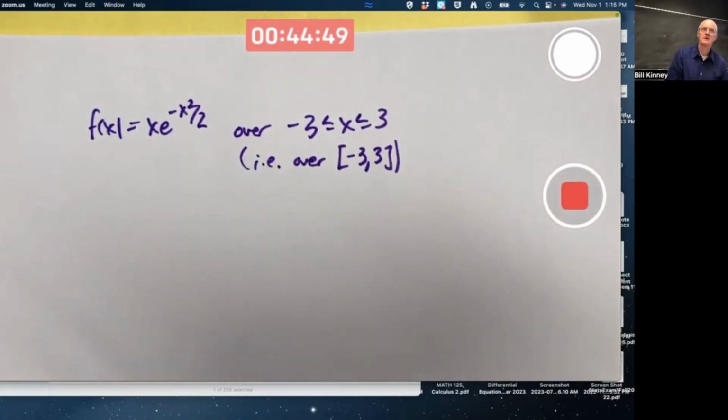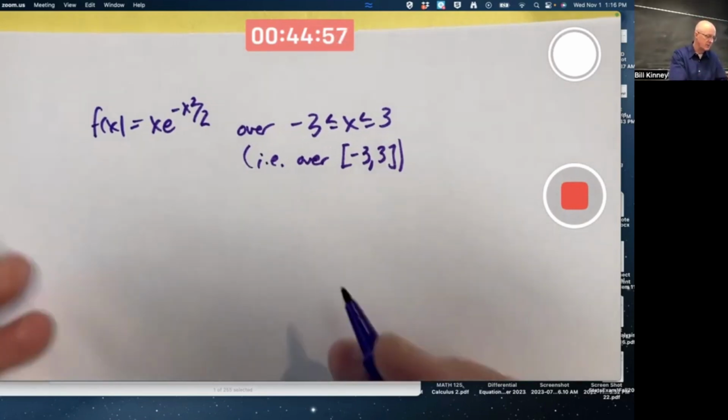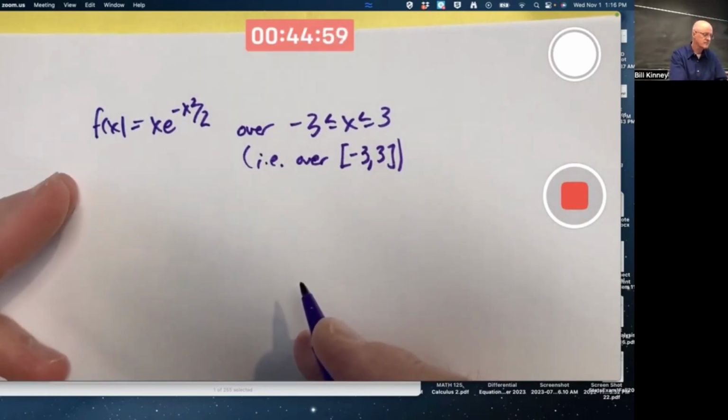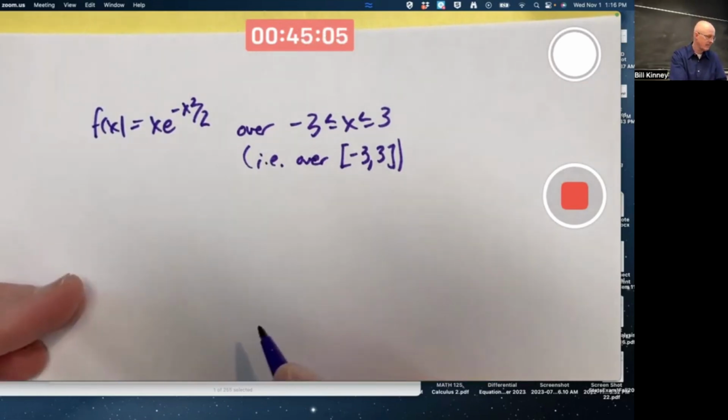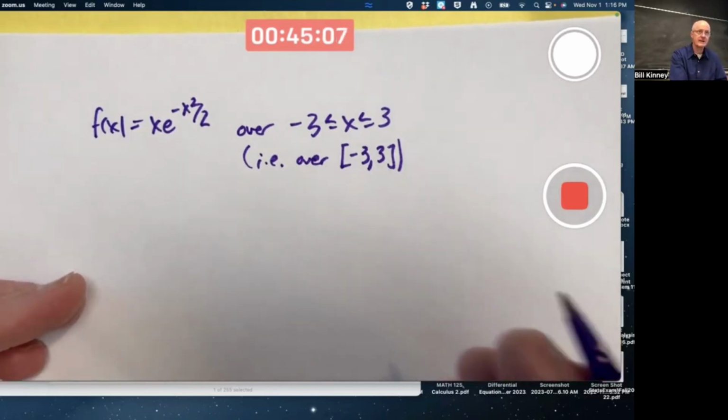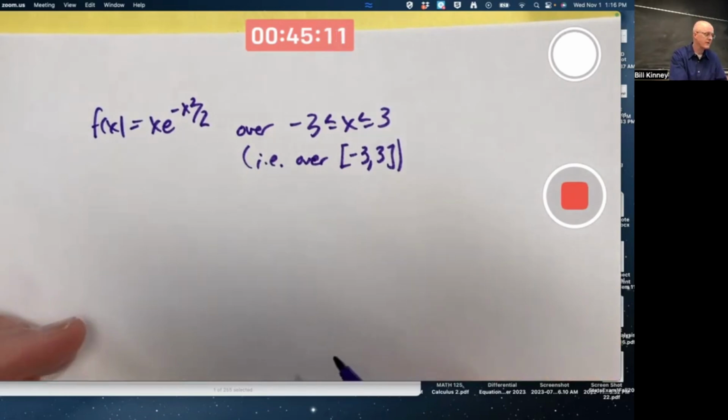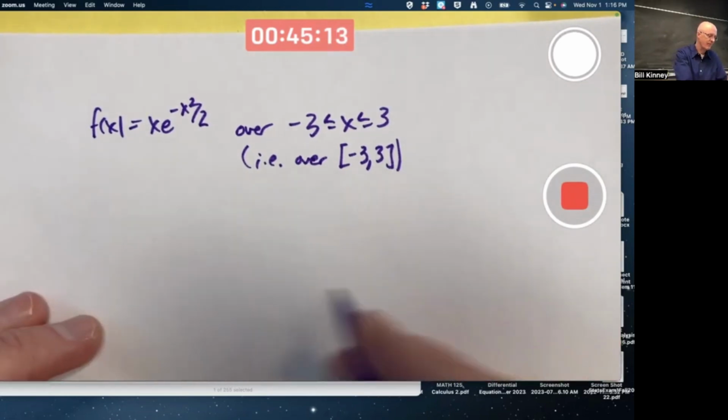I'm after global extrema in section 4.2. I need the algorithm. I need to first find the critical points of this function. Second, plug those critical points into the function as well as the endpoints. Third, identify the greatest and least of the numbers that I get out for outputs. And then fourth, say what the answer is.